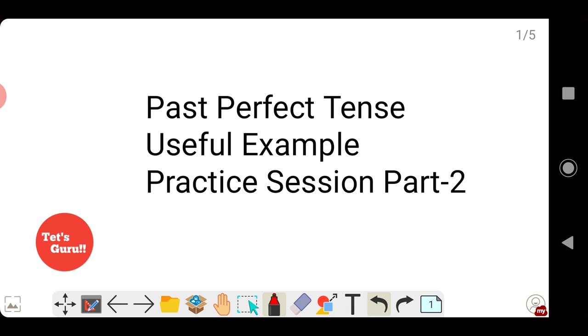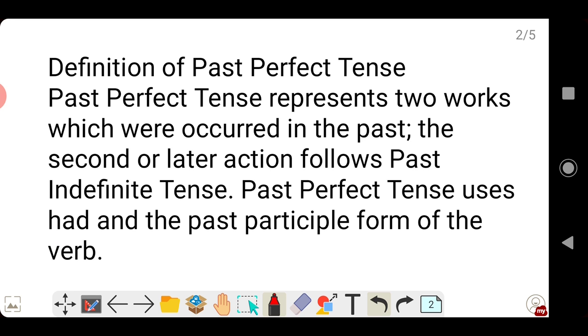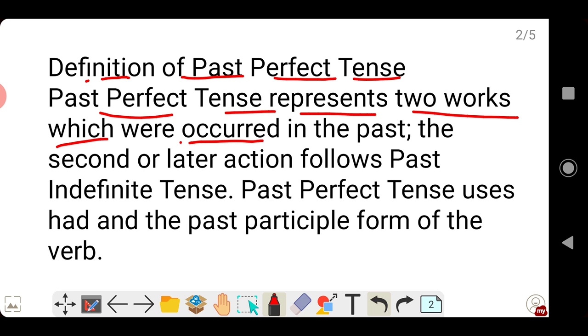First of all, I will tell you the meaning and definition of past perfect tense. Past perfect tense represents two works which occurred in the past.